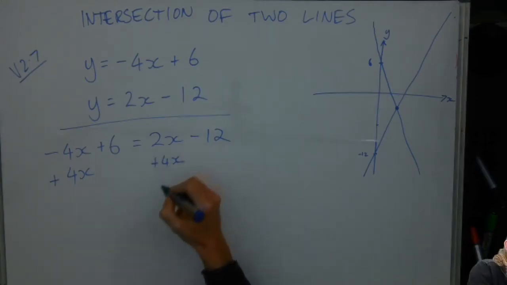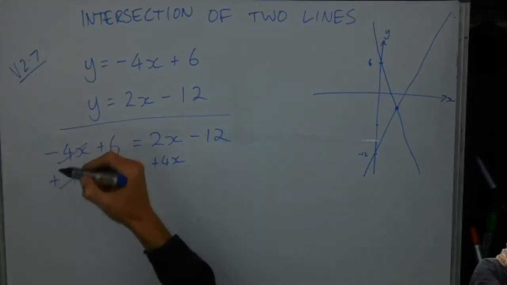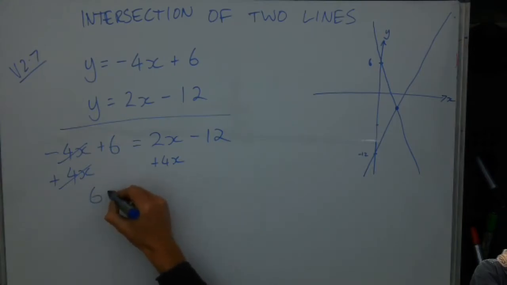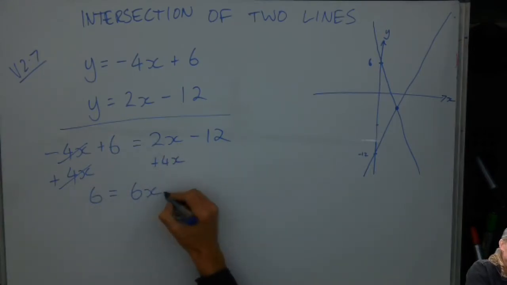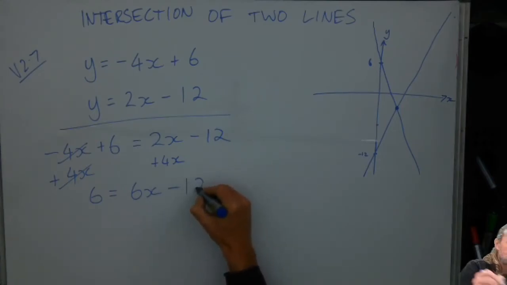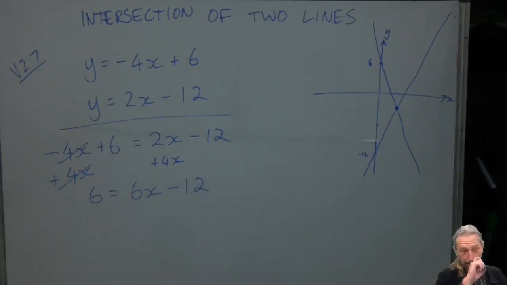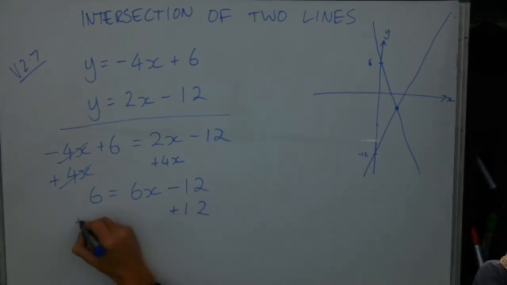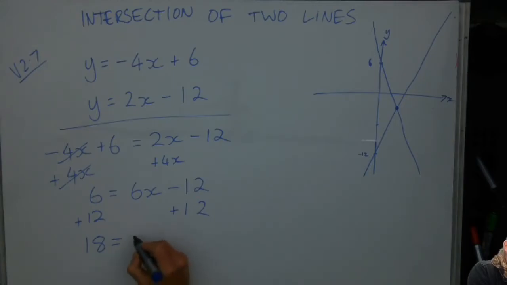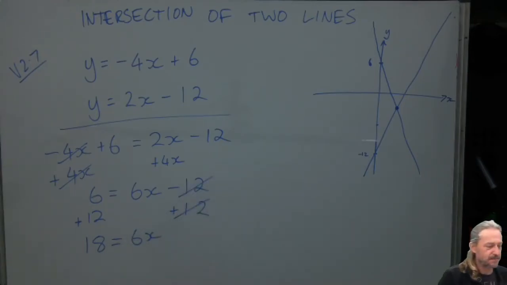Plus 4x, so that will cancel with that and we end up with 6 equals 2 plus 4 is 6x, take away 12, and then we're going to bring this 12 to that side, so I'll add 12, 6 plus 12 is 18 equals 6x, because that cancels with that.